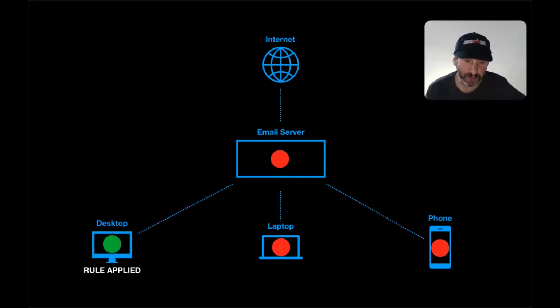On your desktop the rule's been applied. Perhaps that email has been moved to the trash or a folder or somewhere else. But if you look on your laptop you don't see that rule applied. And if you look on your phone you also won't see it applied. What will happen eventually is your desktop will sync with the email server and apply that rule across all of your devices. But it will take some time and it's very glitchy.